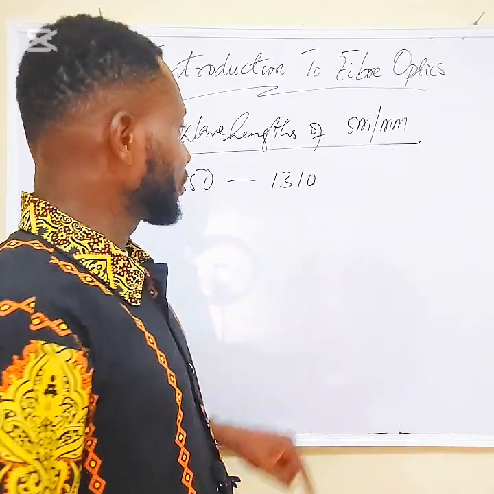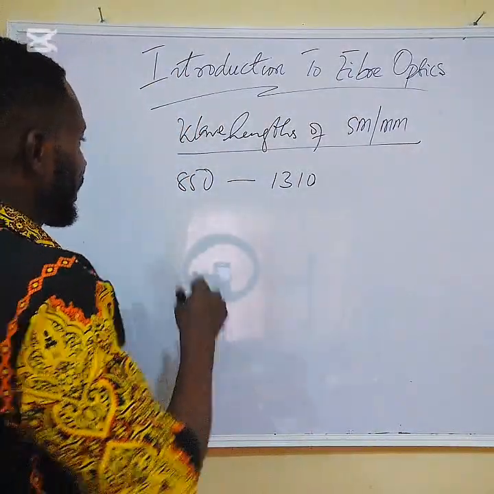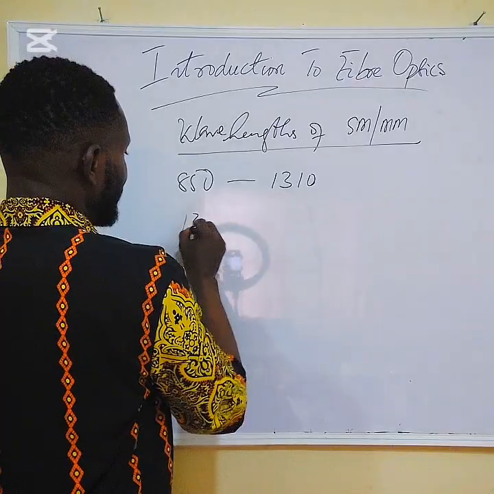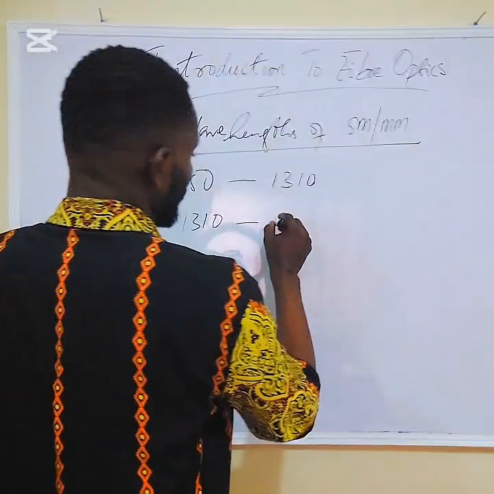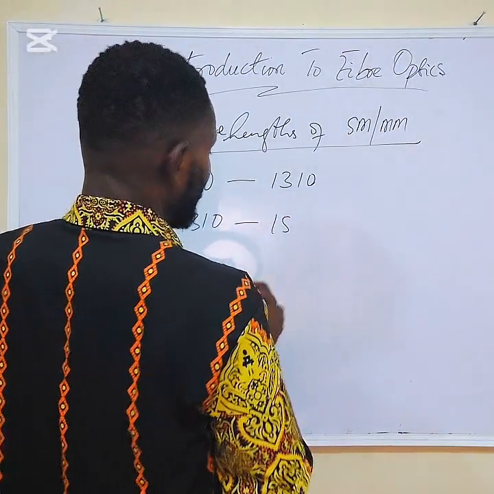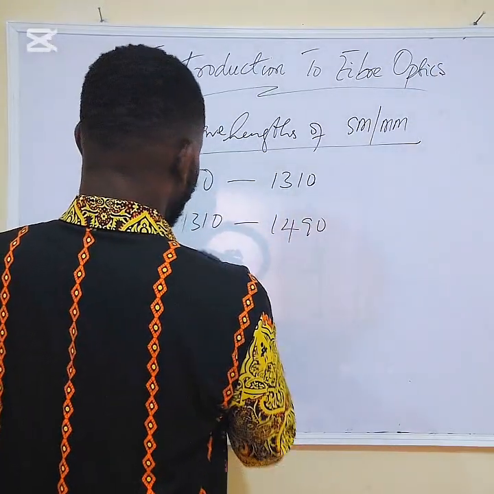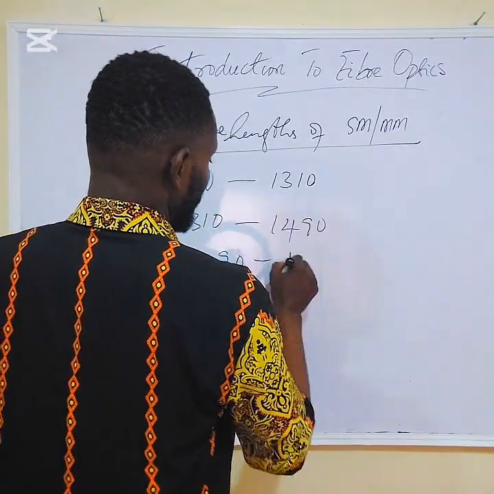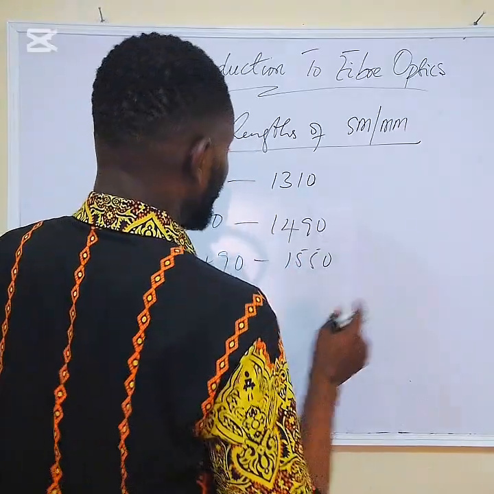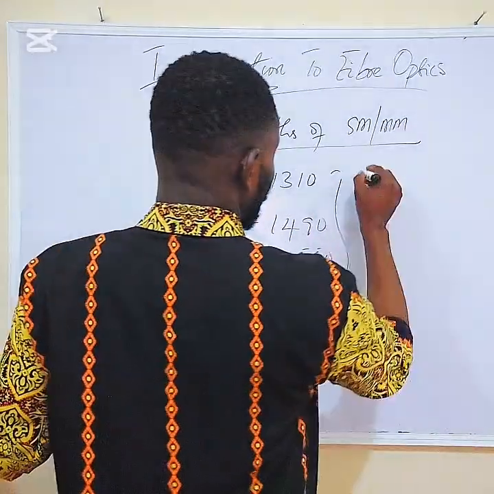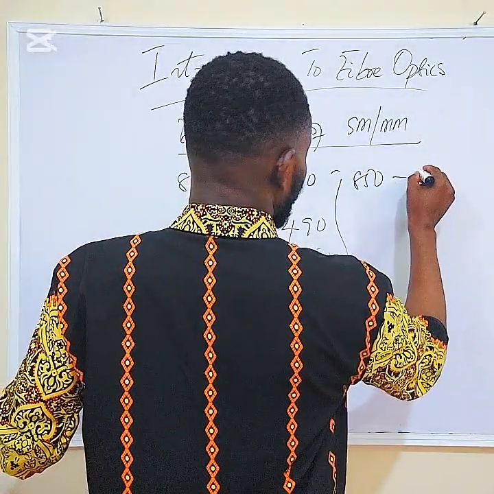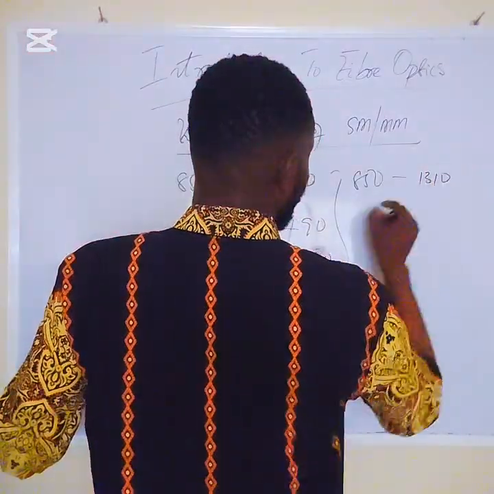Yes. Then we have between 1310 to 1550, I think we have 1490 also up to 1550. But I want you to have something at the back of your mind: between 850 to 1310.